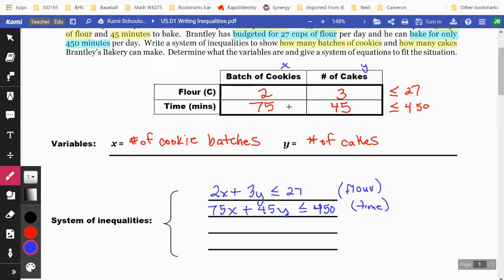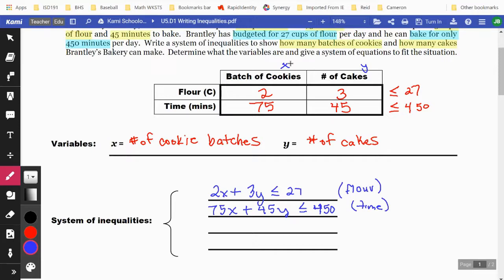Think about that. Can you make -3 batches of cookies? No. Can you make -10 batches of cookies? No. Can you make 0 batches of cookies? Yes. Could he make 5 batches of cookies? Yes. But the only thing that's really not possible are negative numbers here.